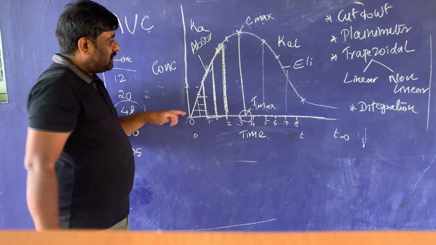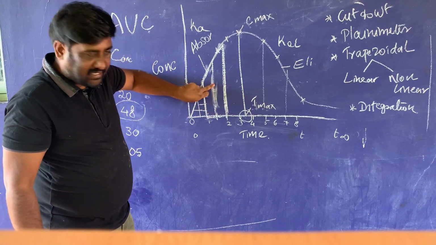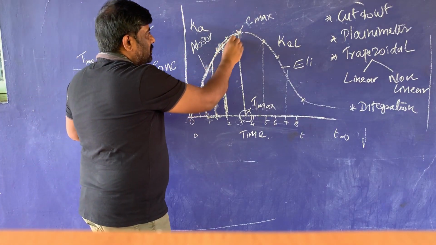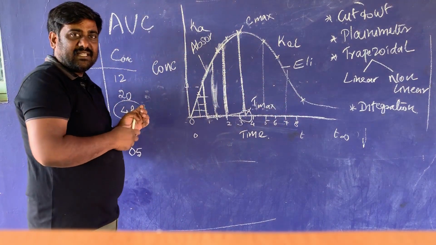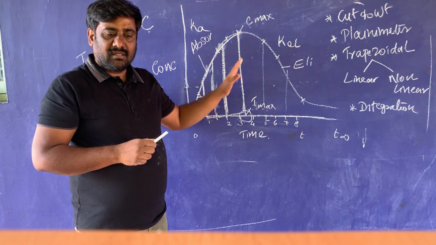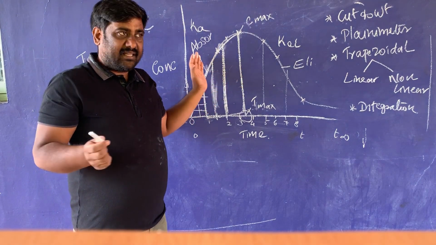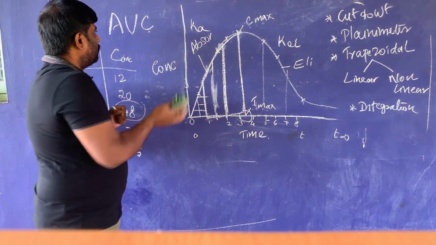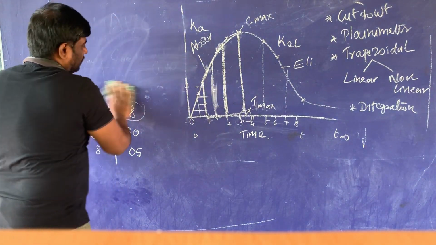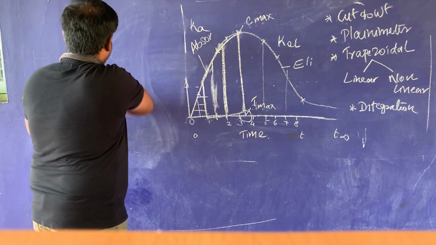So first you have to determine this area, and second this portion is determined, and third this portion. Like up to 8 hour the individual areas are determined and those areas are added together to check the area under curve.